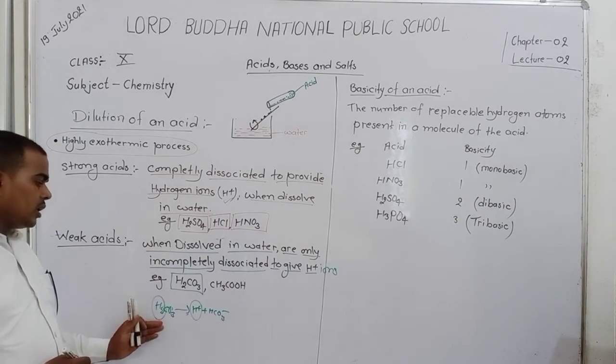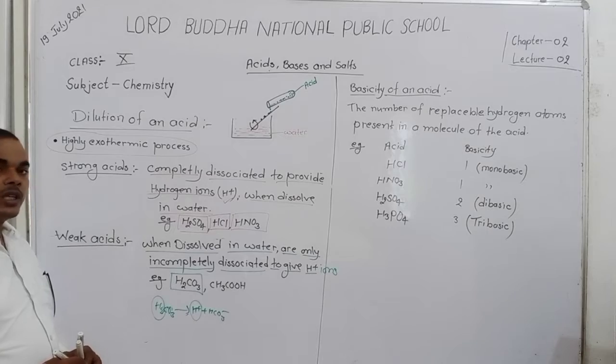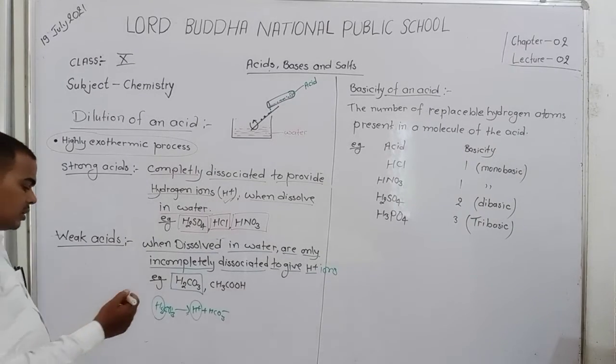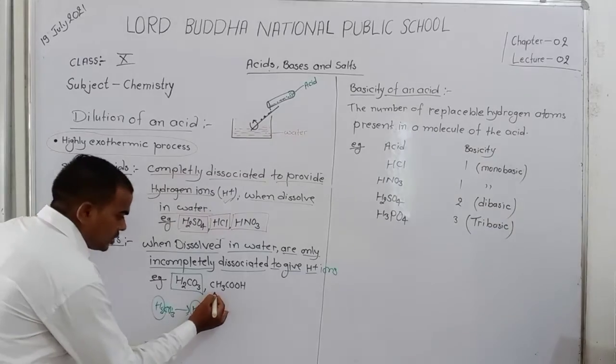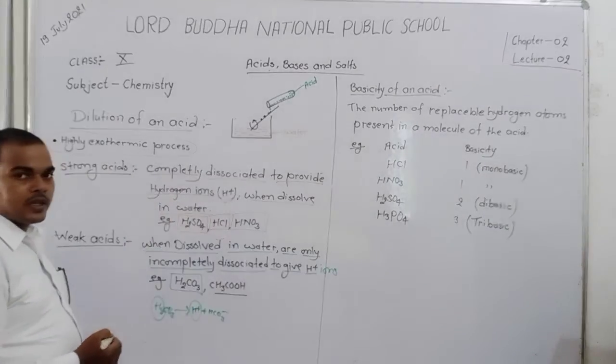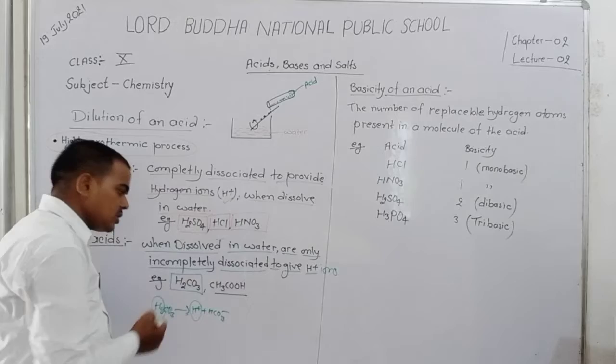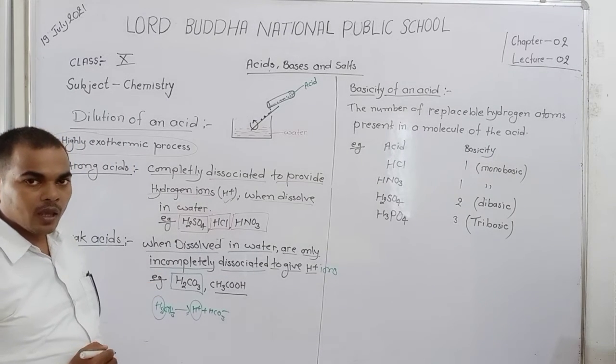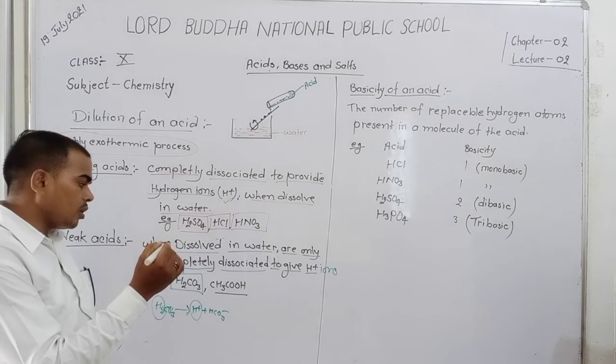An acid in which partial dissociation takes place is known as a weak acid. Another, here CH3COOH, is known as acetic acid or ethanoic acid. Okay, acetic acid, which is vinegar acid.